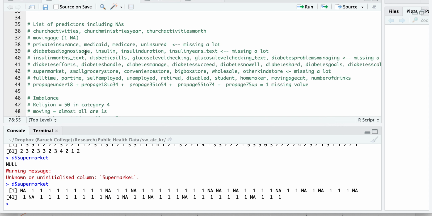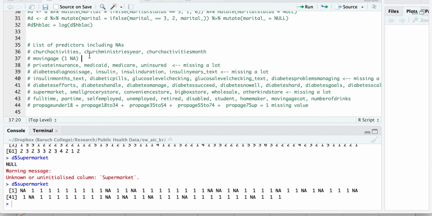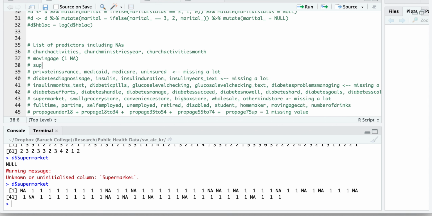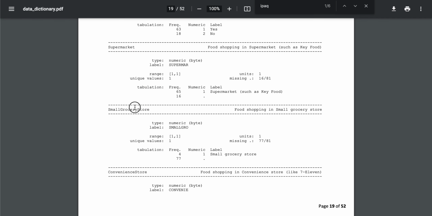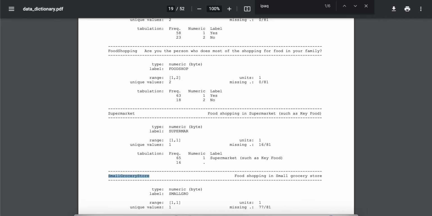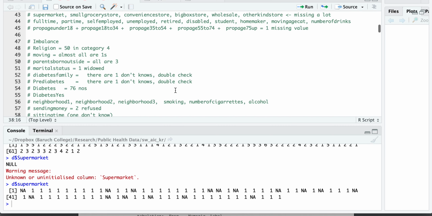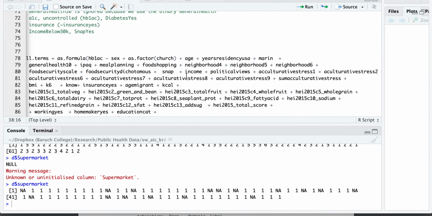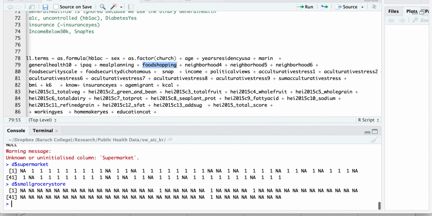So we have supermarket. Then we have small grocery store. Remember, food shopping we included. Yes.